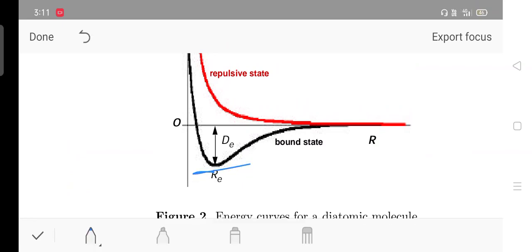So Re is the equilibrium position of the nuclei.